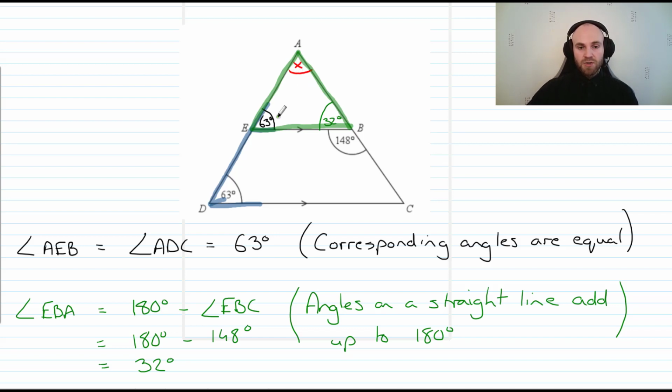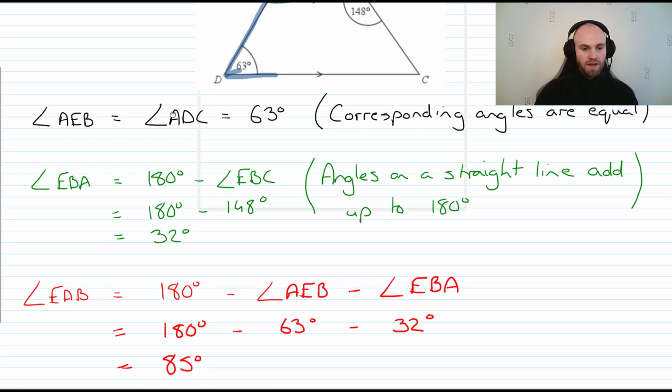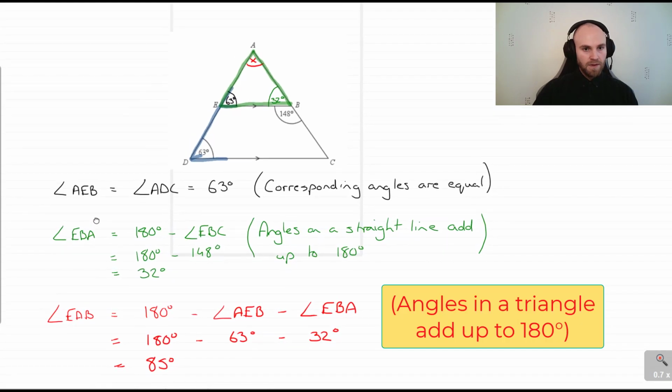So we just need to subtract those two from 180 degrees to get angle EAB. If I just zoom out a little bit more, so angle EAB is going to equal 180 degrees minus angle AEB, which is 63, minus angle EBA, which is 32 degrees, and that is going to give us 85 degrees for angle EAB, and that is our answer.